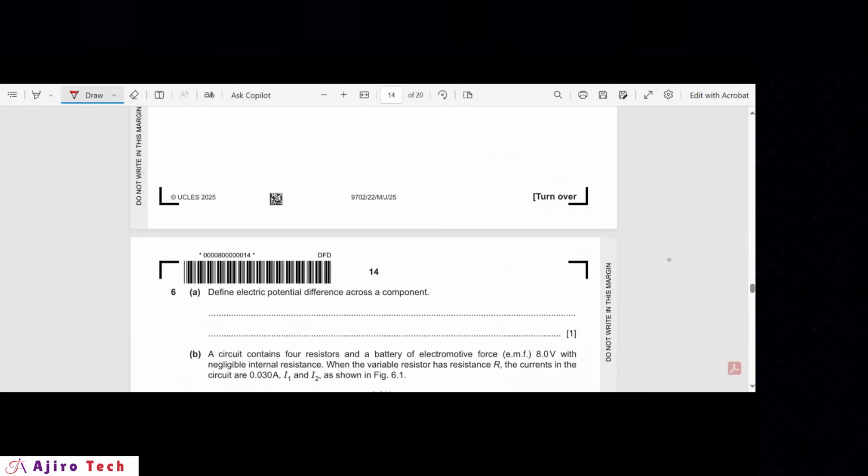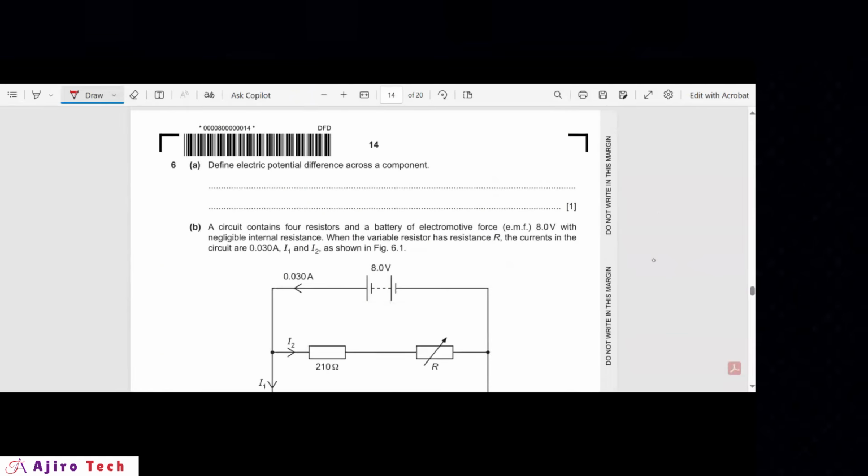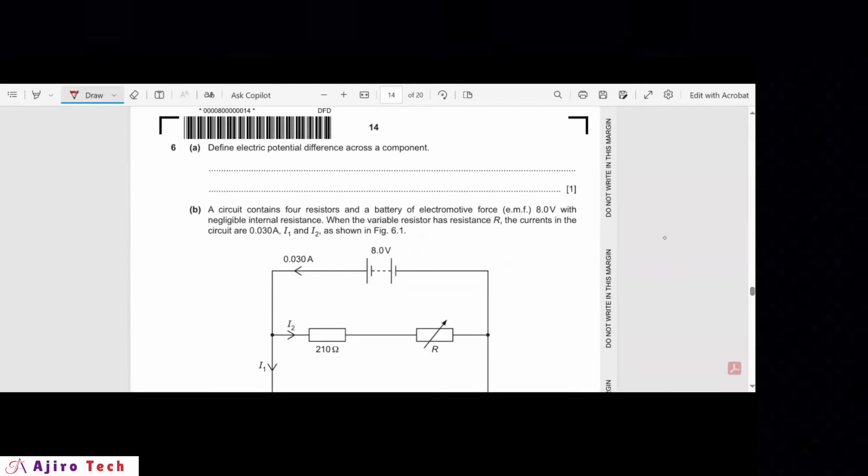So move to question 6. Define the electric potential. So that's work done per unit charge. Right? So potential, it's energy transfer per unit charge.